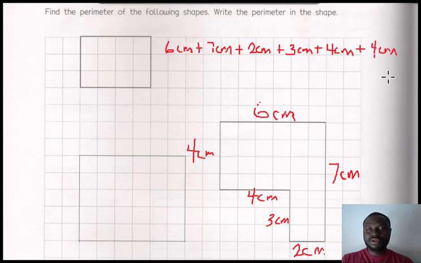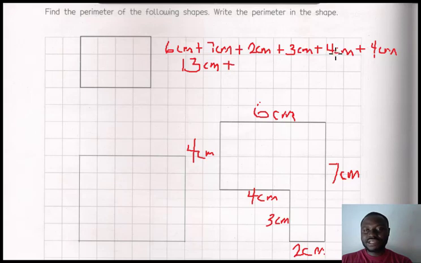Okay. Now, from here, we'll just find the total. So 6 plus 7 is 13 centimeters. And then 2 plus 3 is 5.